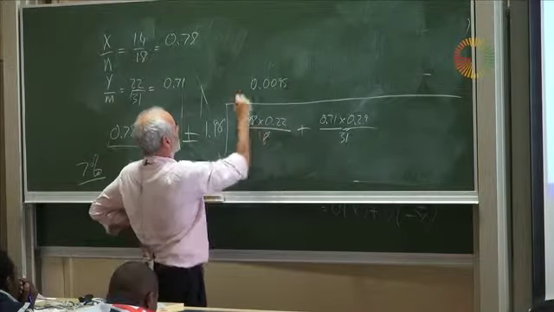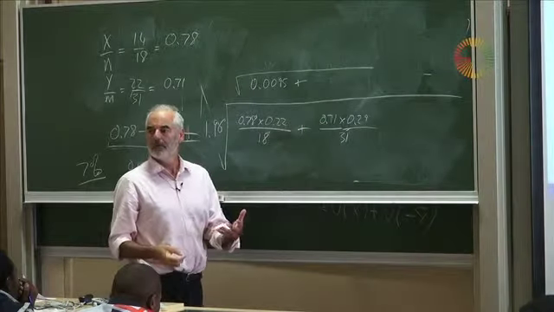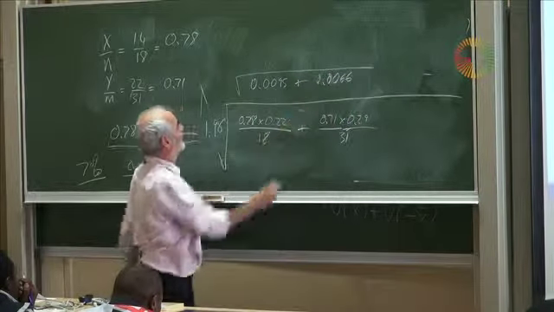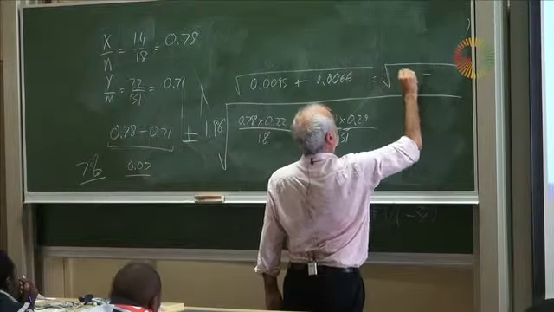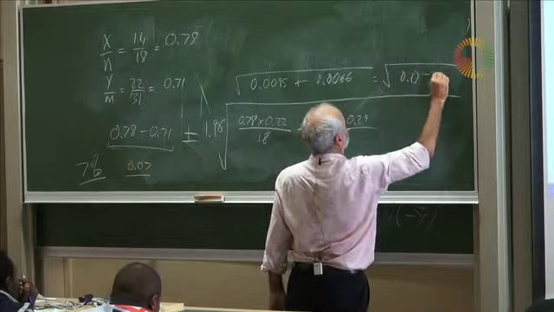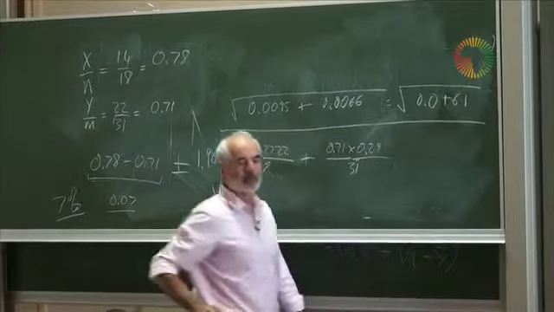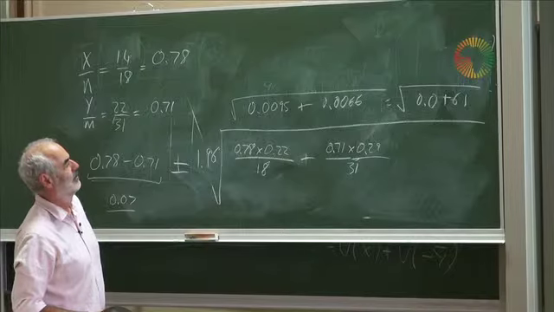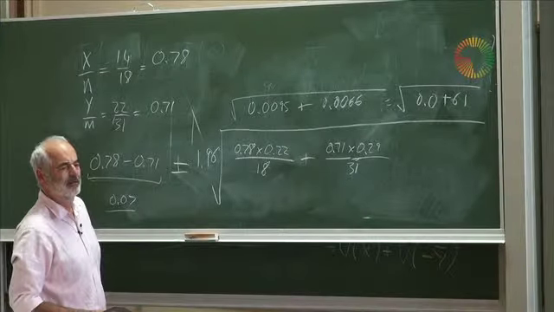That's that one, is it? The other one will be similar, roughly 0.0066. Okay, they'll be roughly the same. So we add those up, and we get the square root of 0.0116. Square root of that is about, what is it? 0.13.